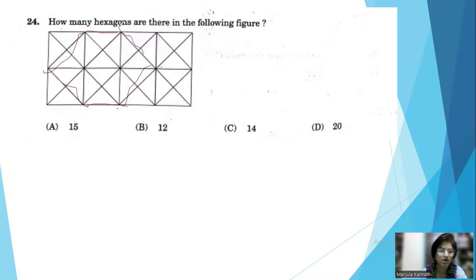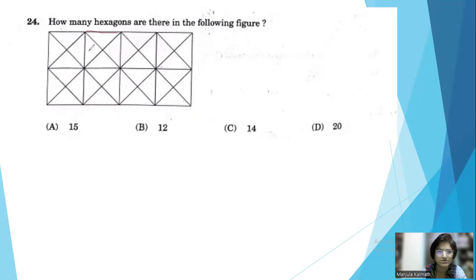Like that, how many hexagons are there in this figure, that we have to identify. So here we have a hexagon. First of all, this part we have to notice: 1, 2, 3, 4, 5, and 6.